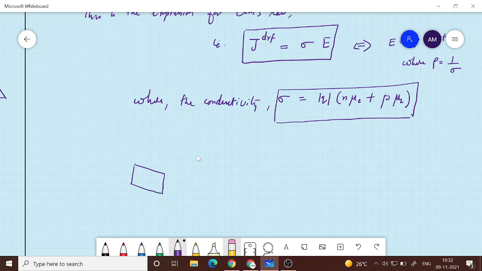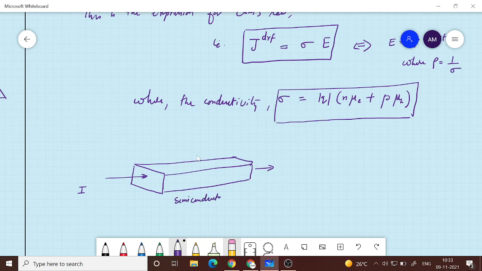So if you consider a cylindrical conductor or a rectangular conductor, a cuboid, you consider a cuboid like this, then the formula that we derive, we can integrate it. So what is the current that is flowing through this semiconductor block?